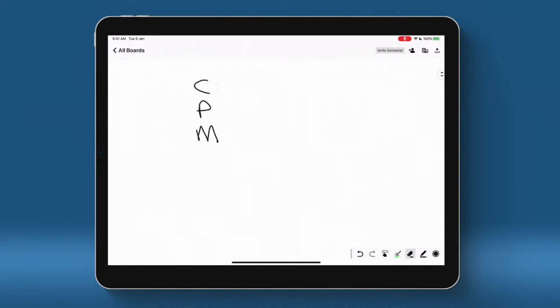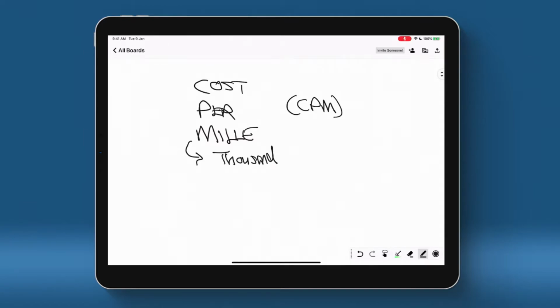CPM stands for cost per mil. And I believe mil is Latin for 1,000. And so CPM is therefore cost per 1,000.